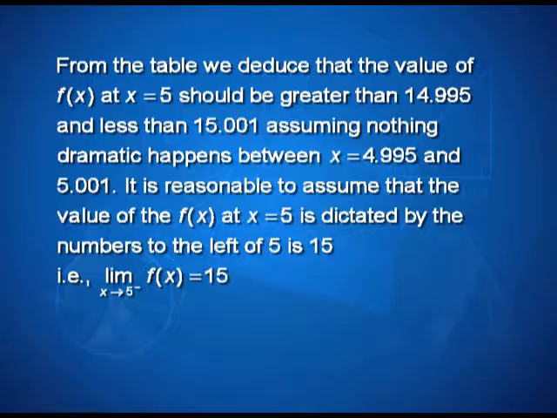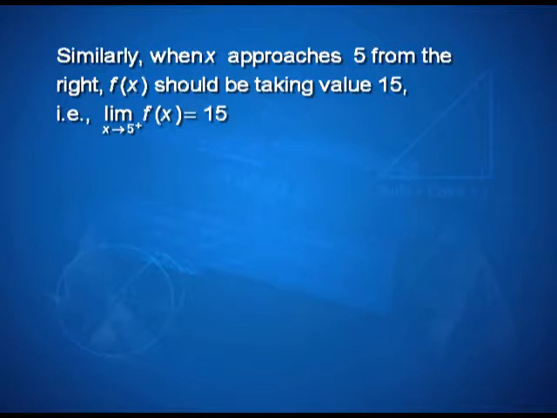Assuming nothing dramatic happens between x is equal to 4.995 and 5.001, it is reasonable to assume that the value of the function f of x at x is equal to 5, as dictated by the numbers to the left of 5, is 15, that is limit f of x when x tends to 5 minus is equal to 15. Similarly, when x approaches 5 from the right, f of x should be taking value 15, that is limit f of x when x tends to 5 plus is equal to 15.